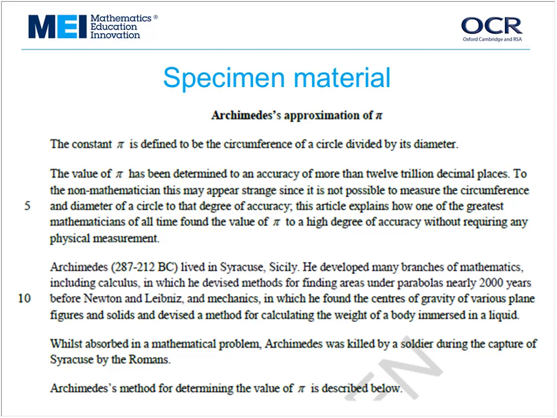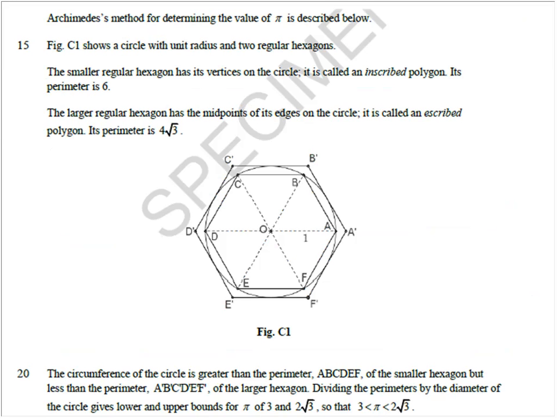We move on, and we read just a little bit of historical background about Archimedes. That won't trouble us very much. And when we get to line 14, we've got the beginning of the mathematics. So here's the text with line 14 repeated again. We start off nice and simple with Archimedes' method.